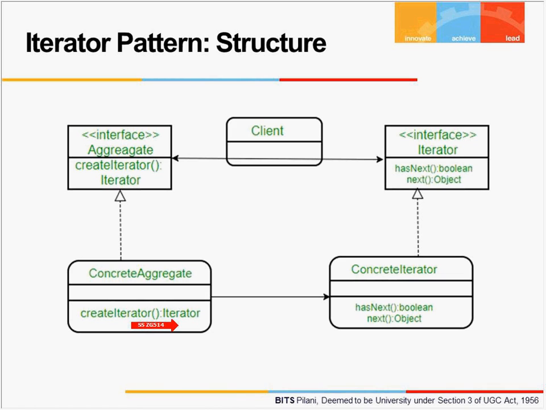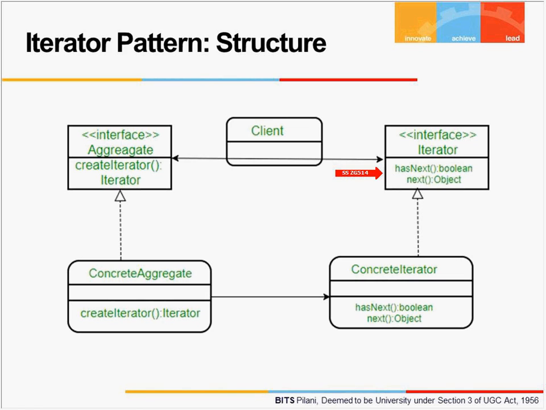What is an iterator? Iterator is another interface which provides traversal methods. What are these methods? For example, hasNext and next. hasNext is a method which helps you find out whether there are more objects in the aggregate, and next returns you the next object.